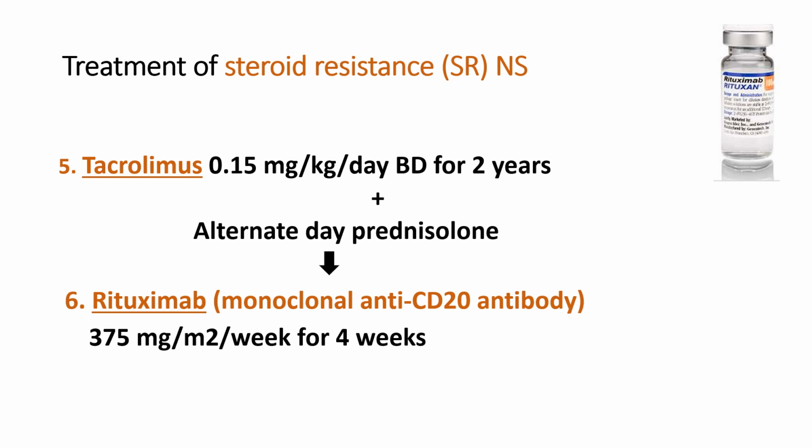And if not responded, then we can give the rituximab, and it is a good drug for the steroid resistant nephrotic syndrome. So tacrolimus and rituximab are the good options for the steroid resistant nephrotic syndrome, those who have not responded even to the cyclophosphamide and pulse methylprednisolone therapy and cyclosporin.